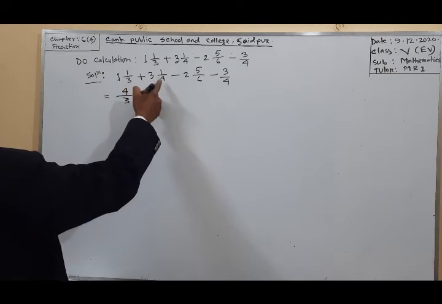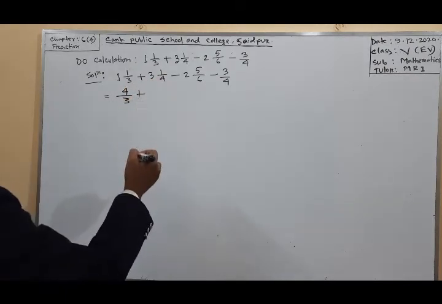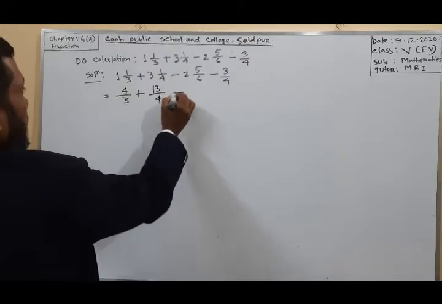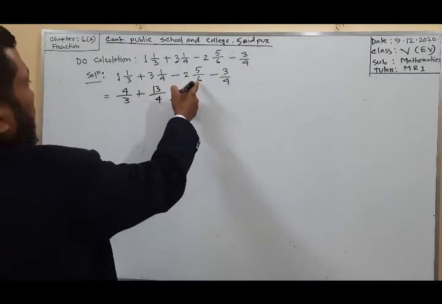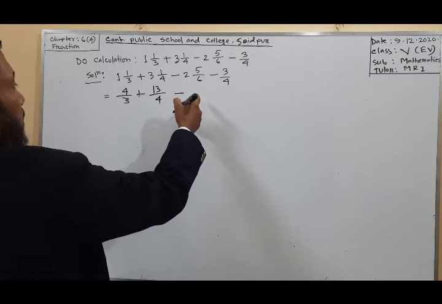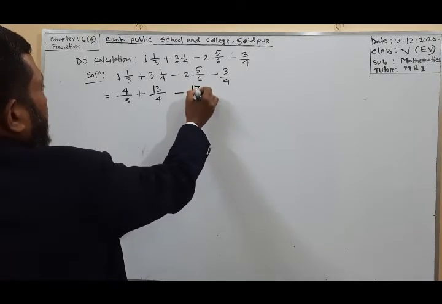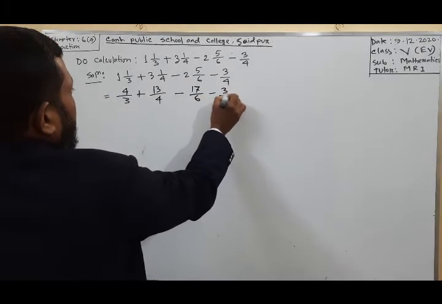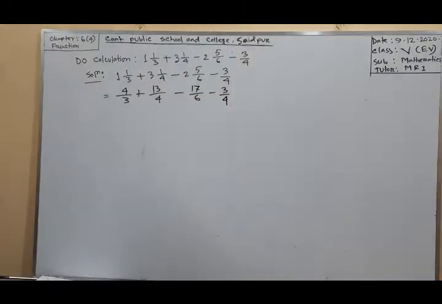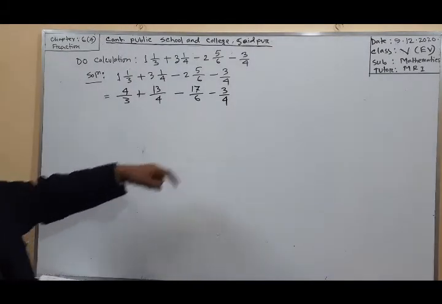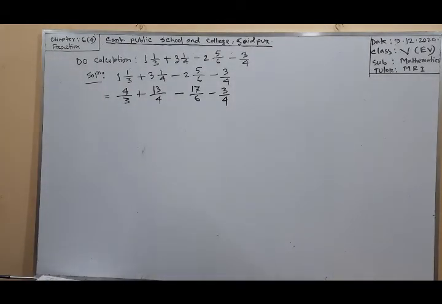Similarly 3 times 4 will be 12, plus 1, 13 by 4. 2 times 6 will be 12 and add 5, 17 by 6. Then 3 by 4. We are seeing 3, 4, 6 and 4. These are the denominators of these four fractions.